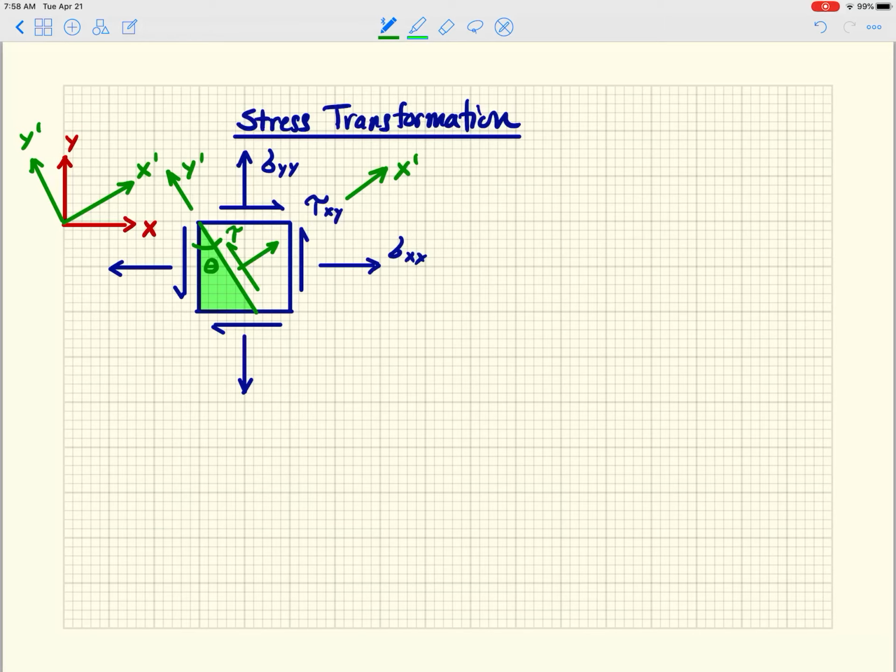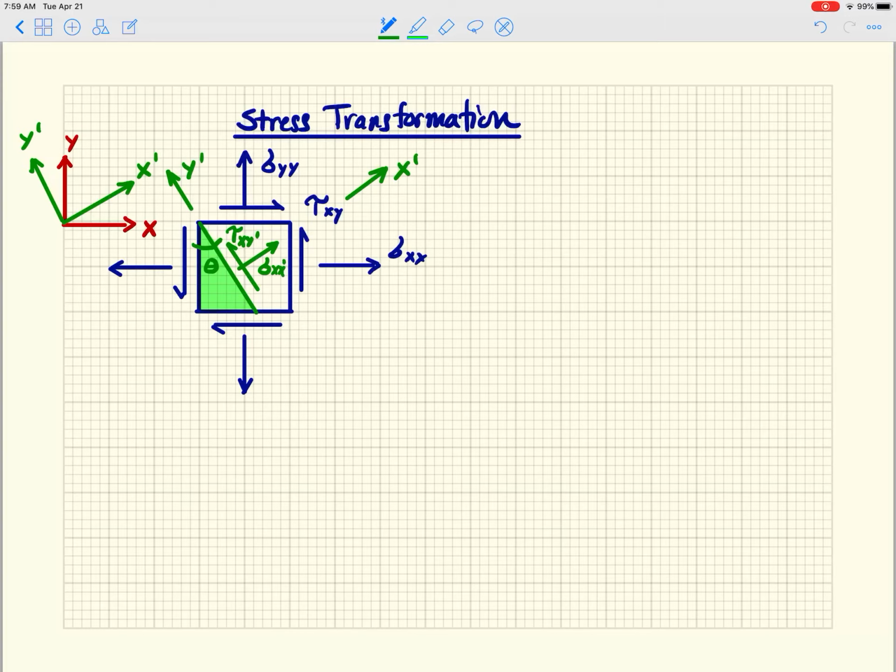So this guy will be called tau xy prime, and this guy will be called sigma xx prime. I'm sorry, it's getting a little crowded in here, but that's the concept.